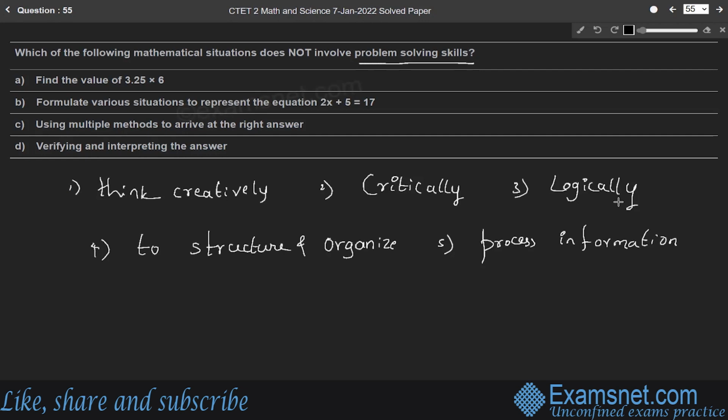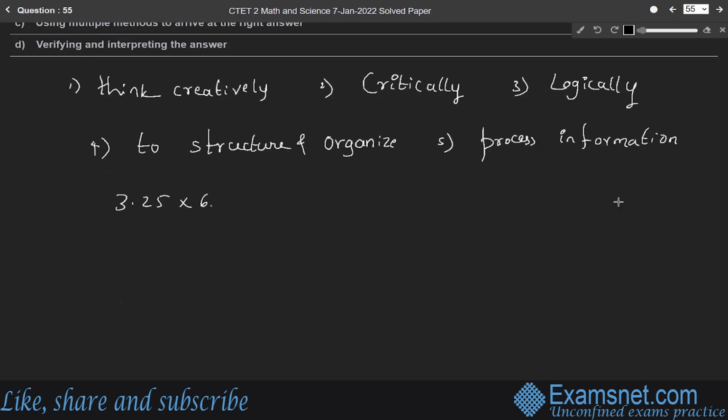So here in the option A, find the value of 3.25 into 6. It does not involve any problem solving skill because it is a direct question of multiplication. So the student may get the answer easily.